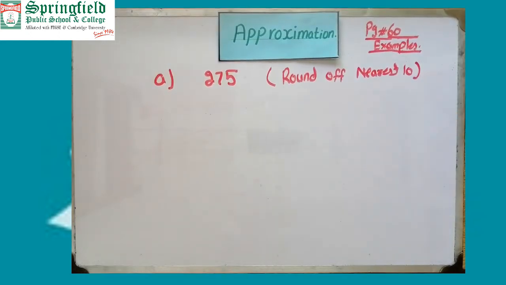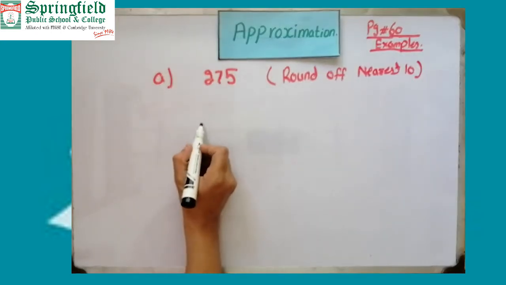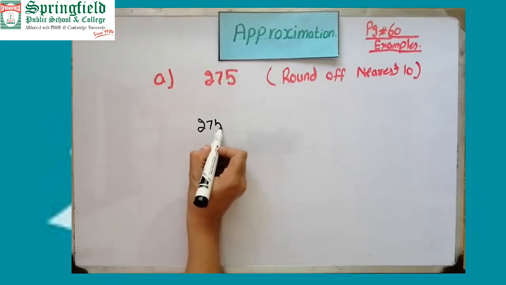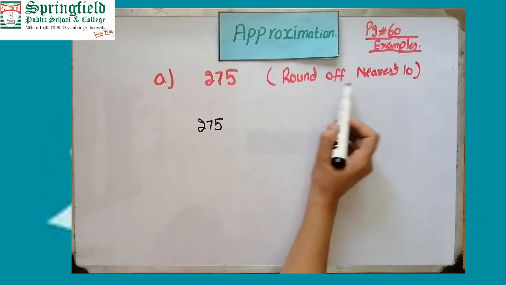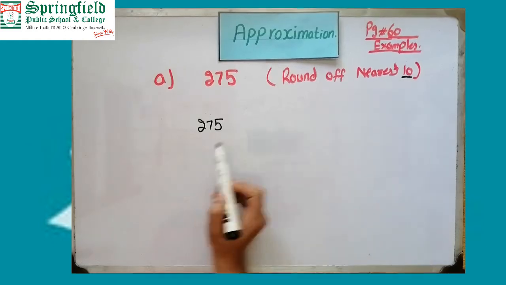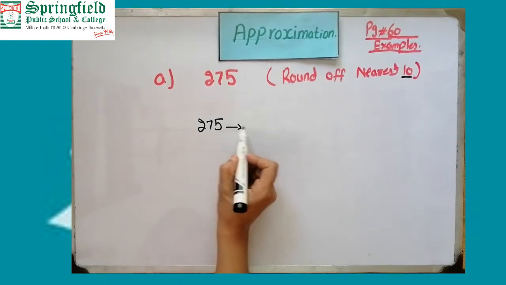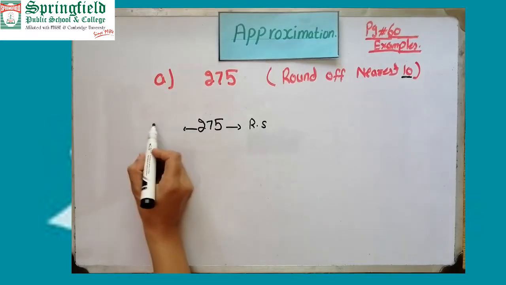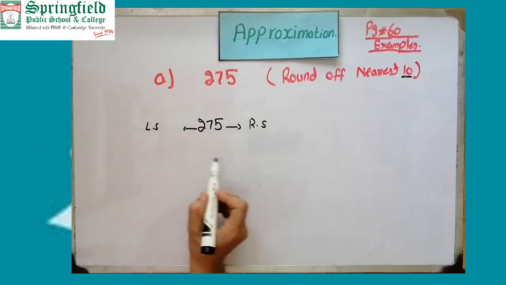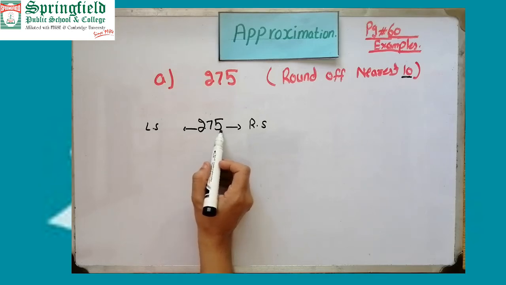So how can we round off to the nearest 10? The number is 275. This side is the right side and this side is the left side. Keep in mind that we start from the right side.